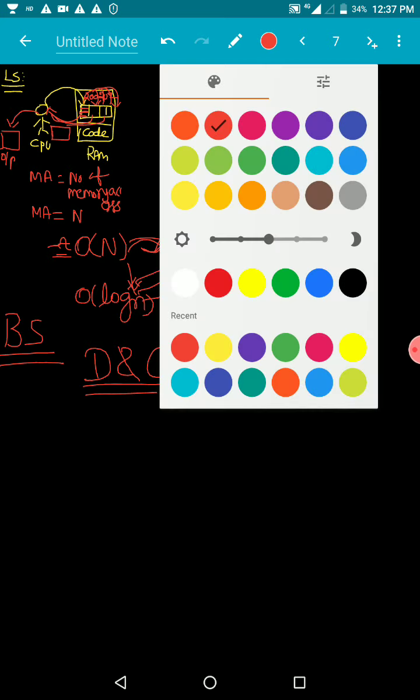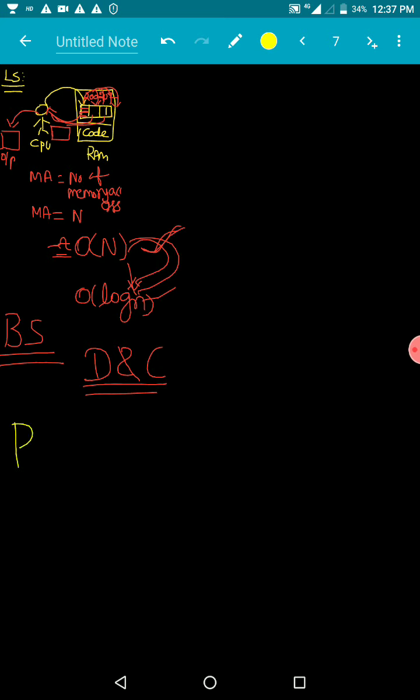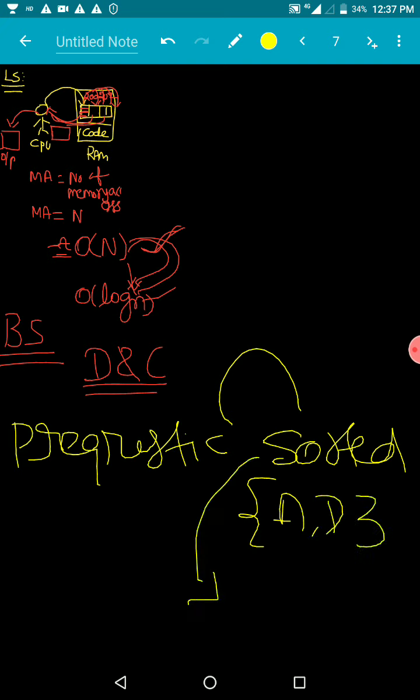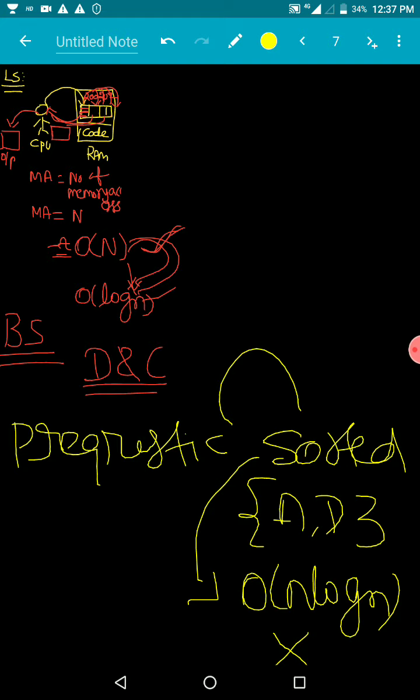But the prerequisite of binary search is that the input array should be sorted, either ascending or descending. In this sorting algorithm, the worst case takes order of n log n. Therefore, binary search is also an inefficient approach.